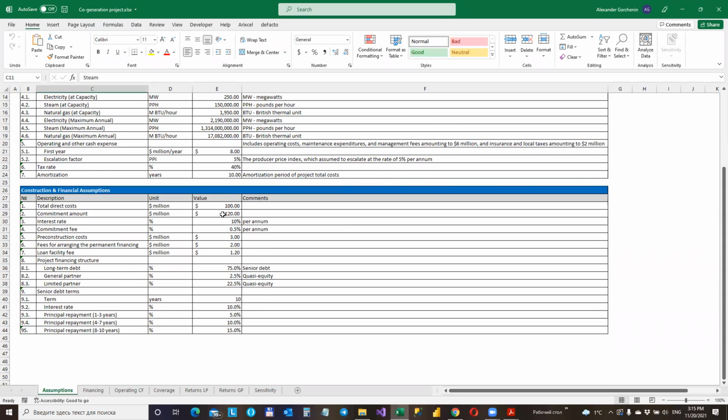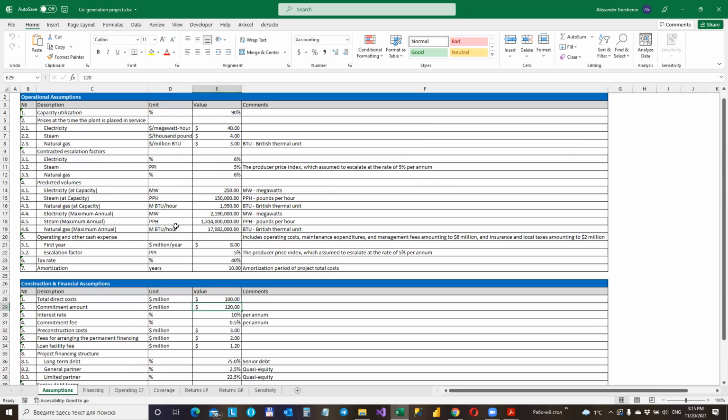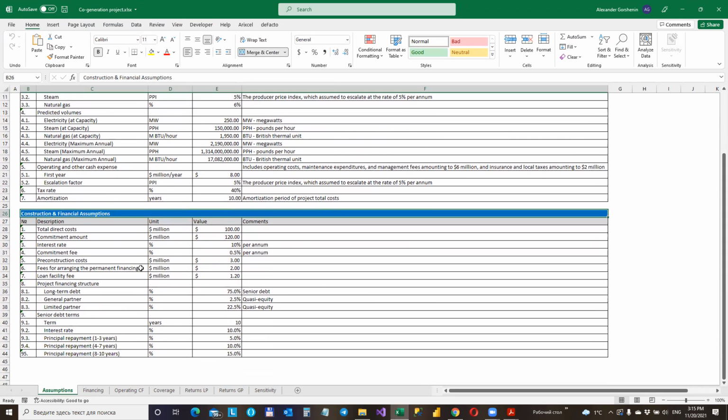So you can see here the assumption page with all the assumptions brought together. It's operational assumptions, construction and financial assumptions. You can see here all the amounts I already mentioned, and you can use it as a reference here.